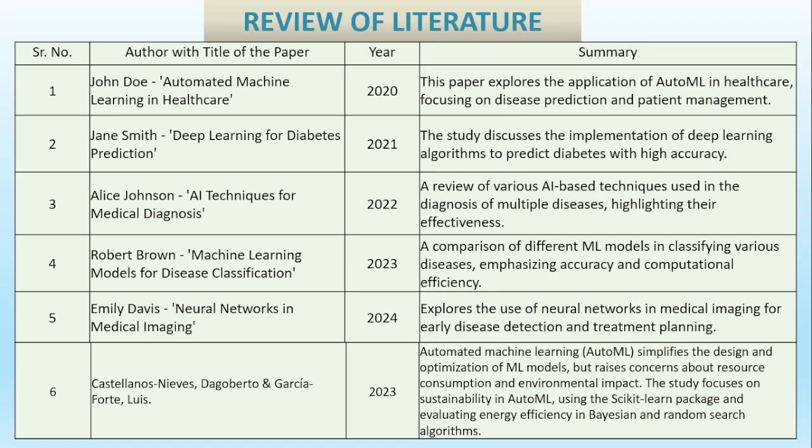Now, Robert Brown, machine learning models for disease classification, 2023, a comparison of different machine learning models in classifying various diseases, emphasizing accuracy and computational efficiency. Emily Davis, neural networks in medical imaging, 2024, explores the use of neural networks in medical imaging for early disease detection and treatment planning.